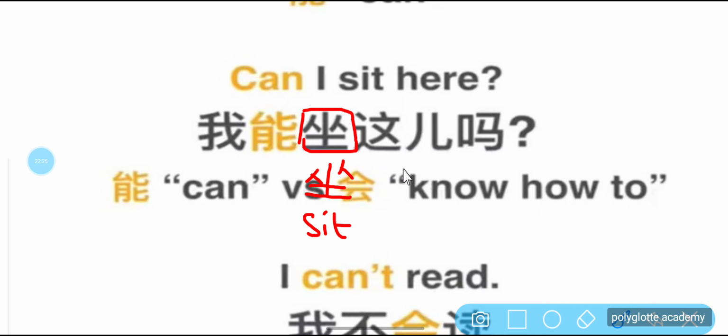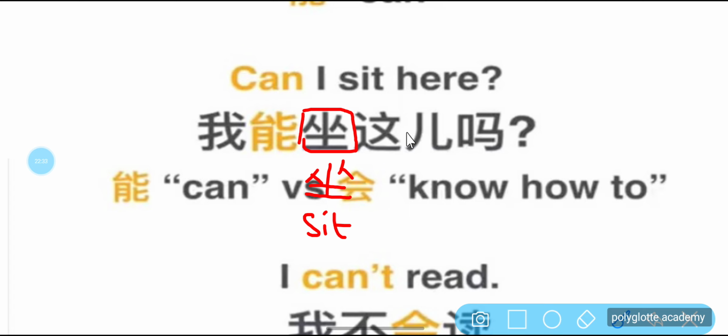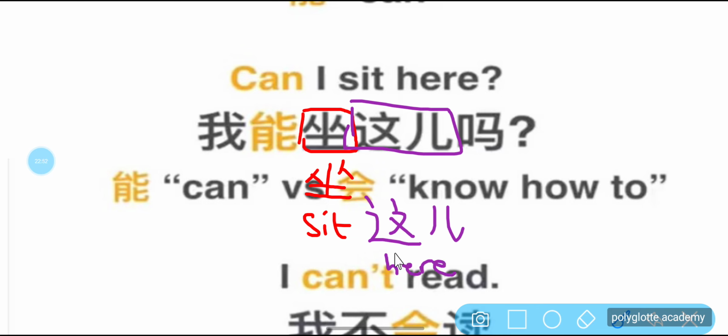And we have 这, which we mentioned lately, is a word meaning here, in this place.